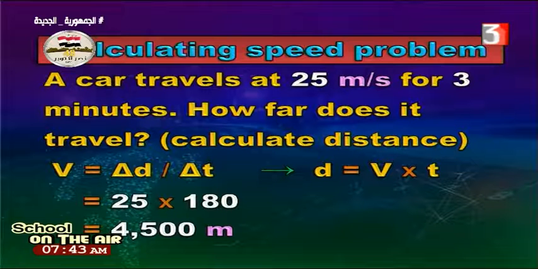In this result, we can convert the distance from meters to kilometers. Why? Because in a choose-the-correct-answer question, after I get the distance in meters, they may want the distance in kilometers. So we divide 4,500 meters over 1,000 to convert from meters to kilometers, which equals 4.5 kilometers.